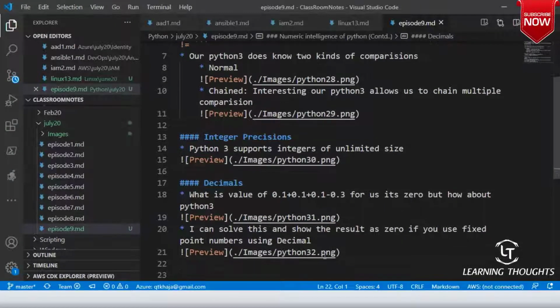So what is this decimal? This decimal is some Python program written by someone, and we are using that program. Am I clear on this?